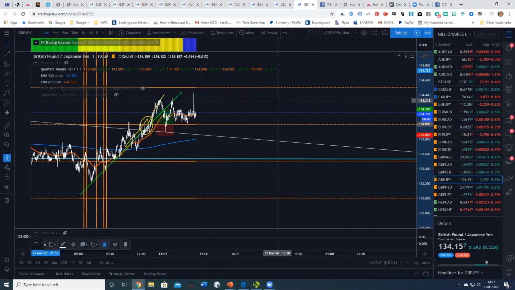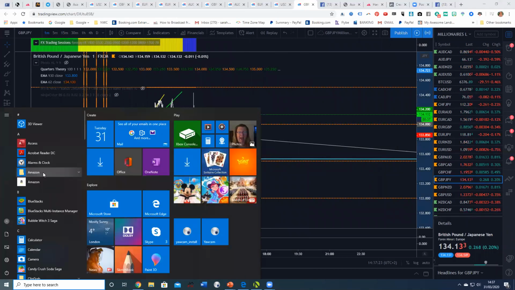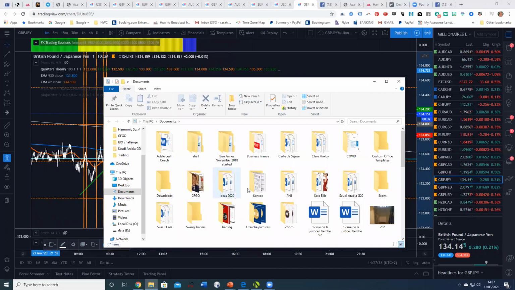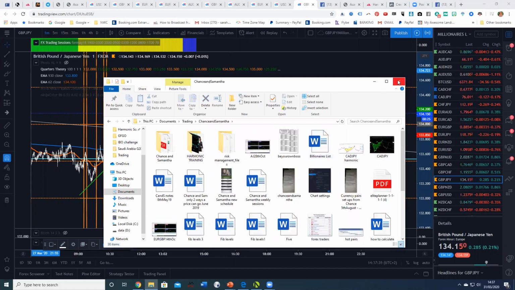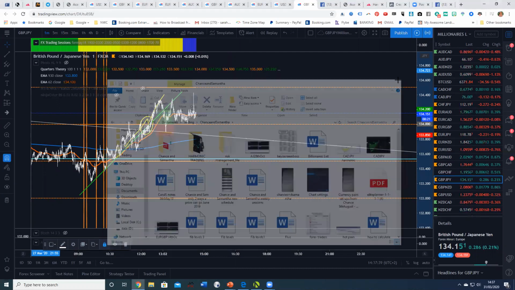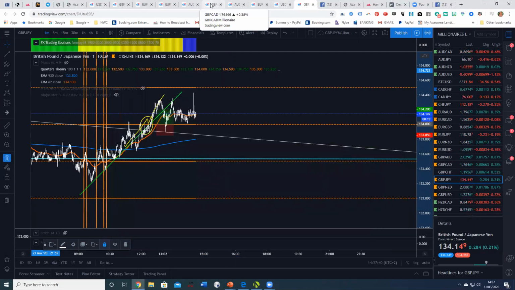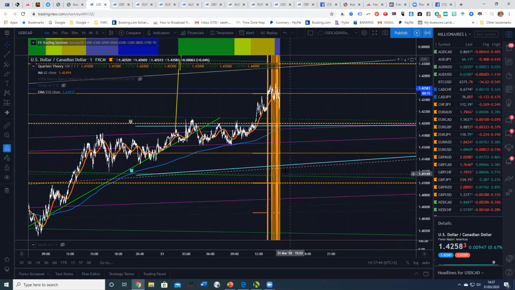Right, where am I? Not sure I can find my fib settings that quickly. I don't suppose anyone's got them, have they? A screenshot of Chance's fib settings. Oh, well, anyway, I can probably do it. Can I do it without the pitchfork for you if you're in the trade? USD CAD.